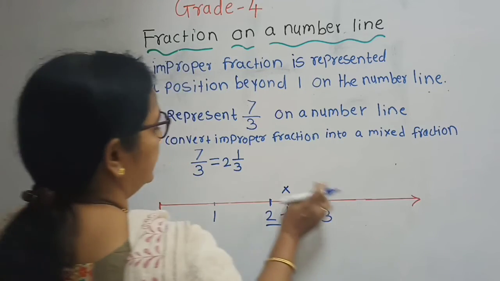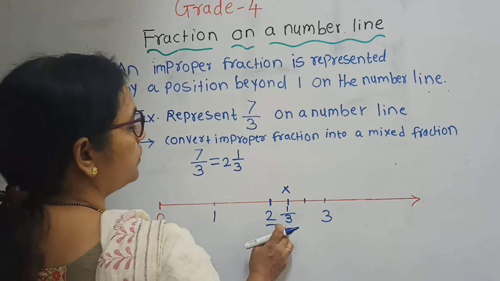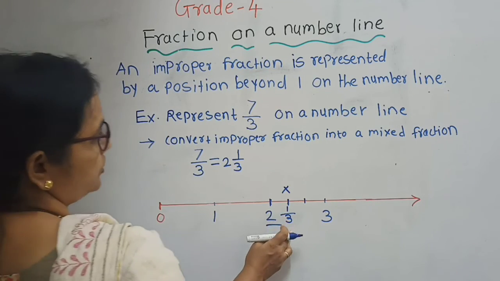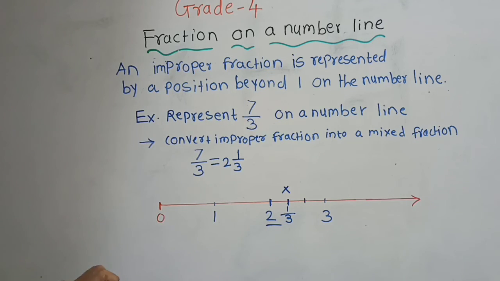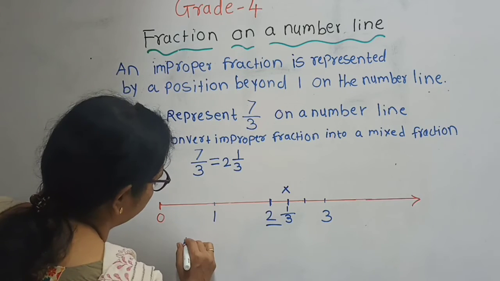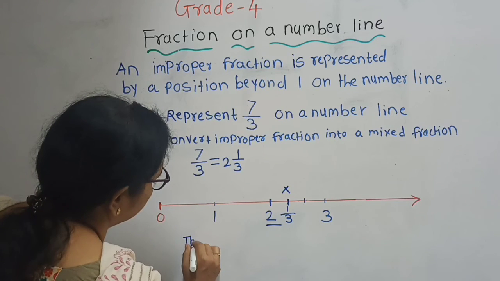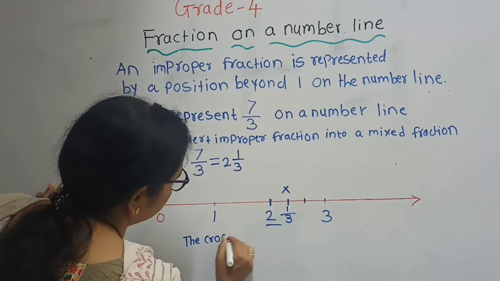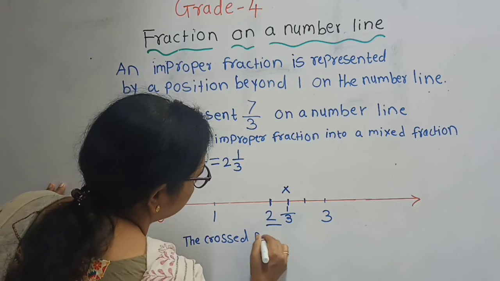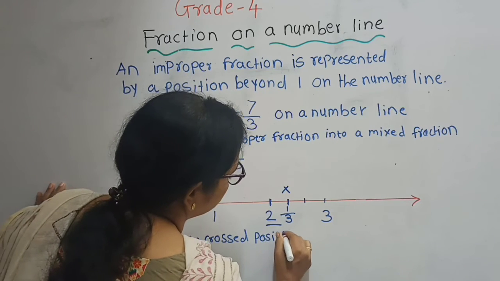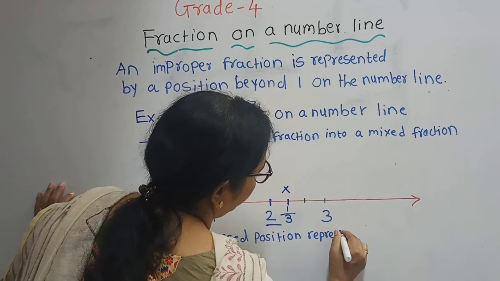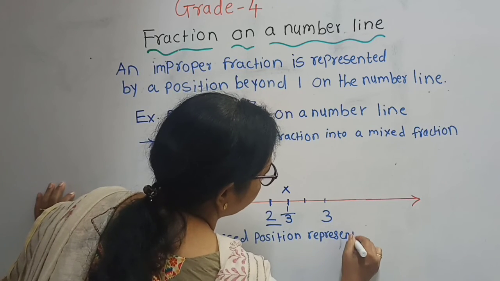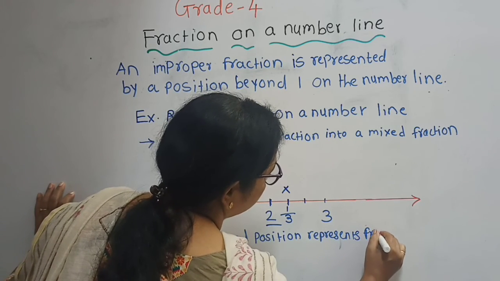On the number line, in this way you have to show the improper fraction on the number line. Then you have to write here, this cross position represents the fraction.